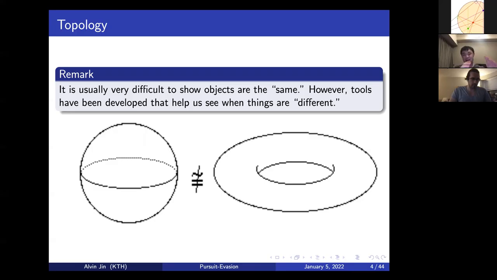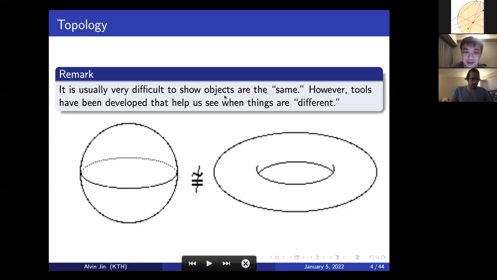So imagine the left-hand side is a basketball and the right-hand side is a donut. How do I get the hole in the donut? I can't input my hand and push the sphere down to get this hole. So there's no way to get from the sphere to the donut without creating some sort of hole.